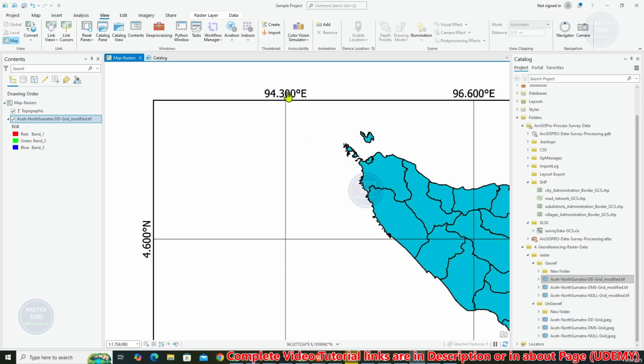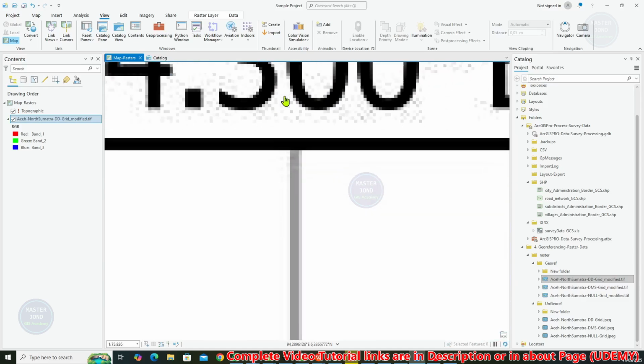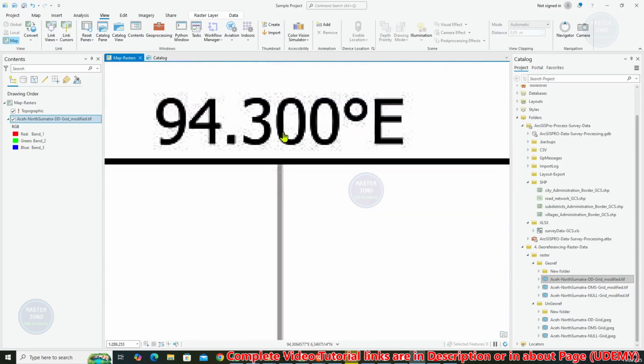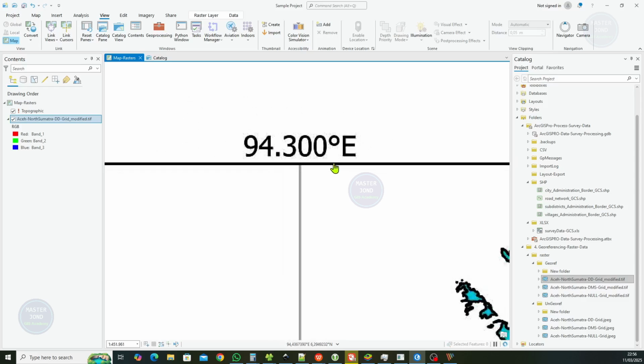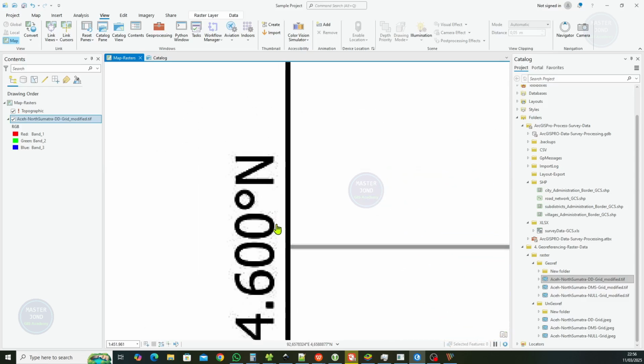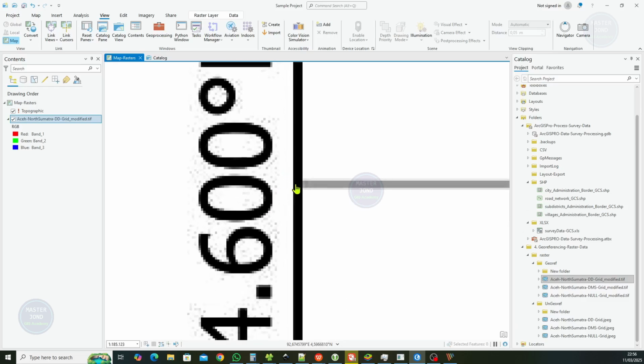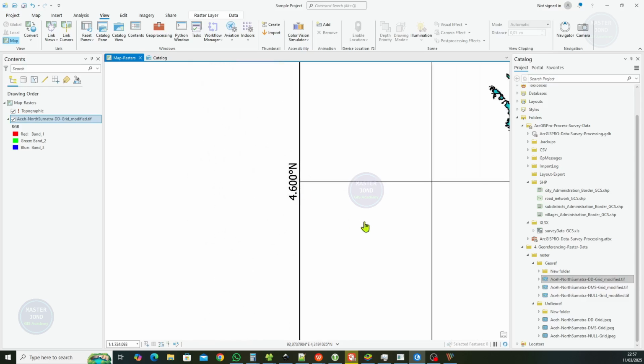Let's move our cursor on this and see the X, 94.3. The same as this, right? And for the N or the Y, 4.6, let's see there, 4.6032 N. So this is good.